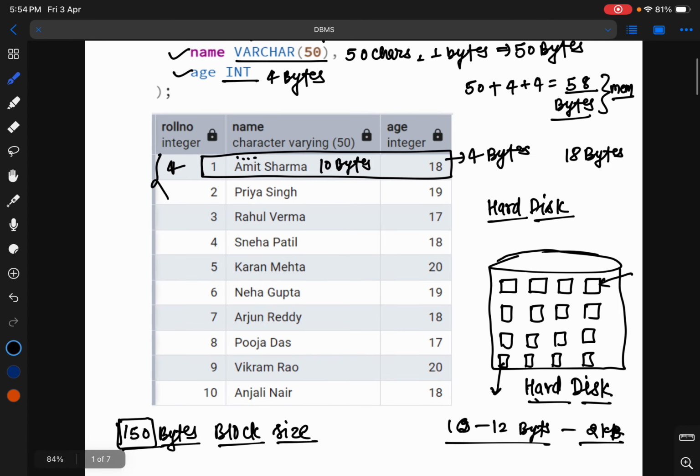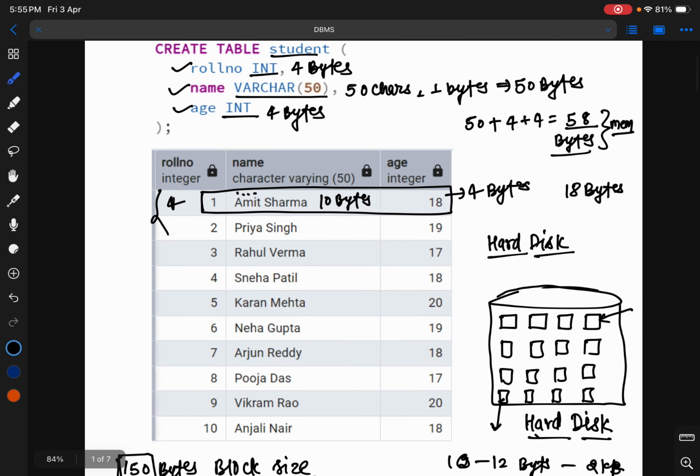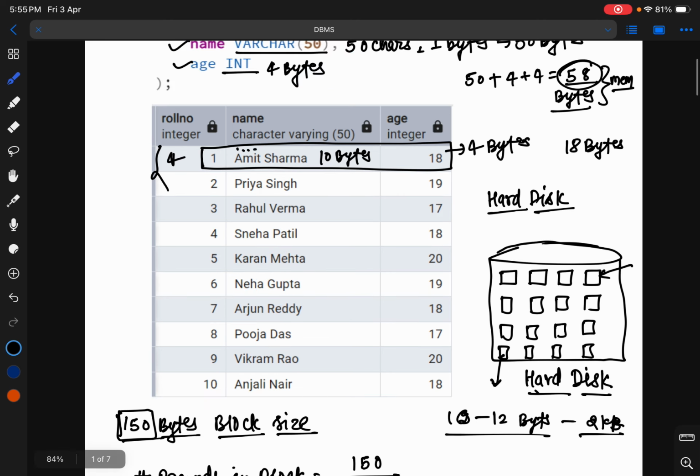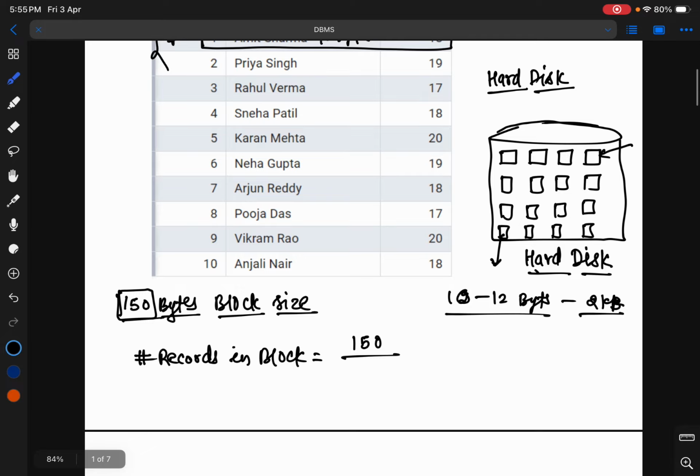Since we already know that one record will take 58 bytes at max, the number of records in one block will be 150 divided by 58. So it will be around two records only. Two records can be completely stored in this block.